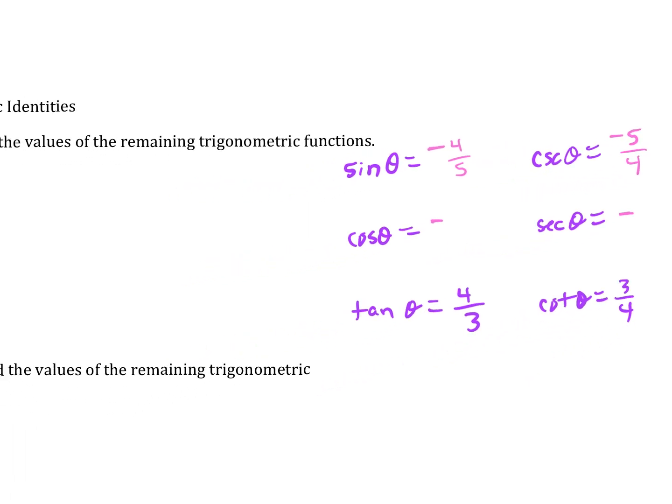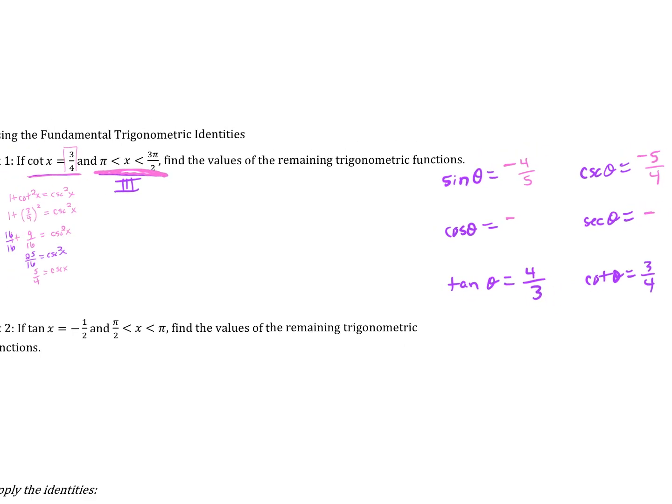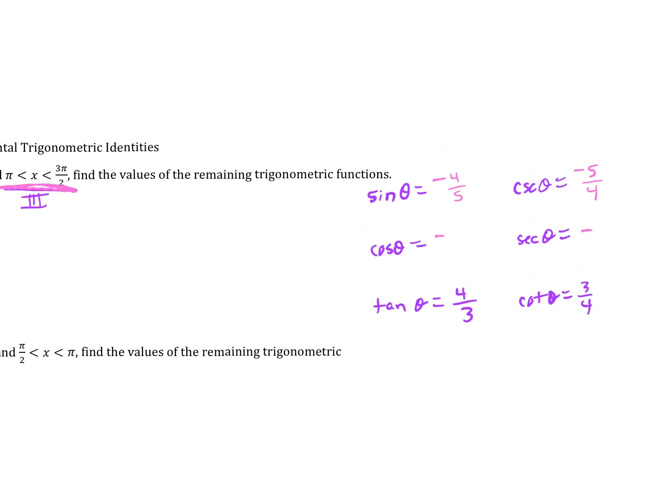And now we just have to figure out our cosine and our secant. Here's where you can use your quotient identities, Jude, if you would like. But couldn't you use it for the stars since you had the tangent? Yeah, you don't have quite enough there for that because you wouldn't get your R. Okay.